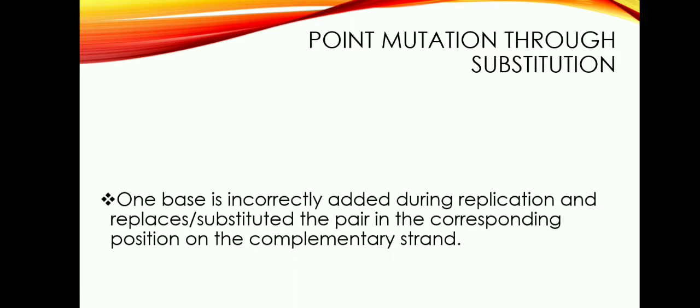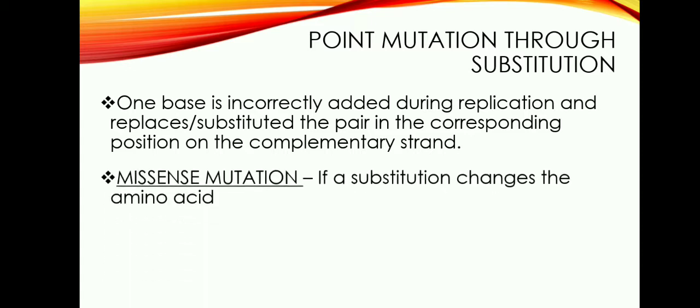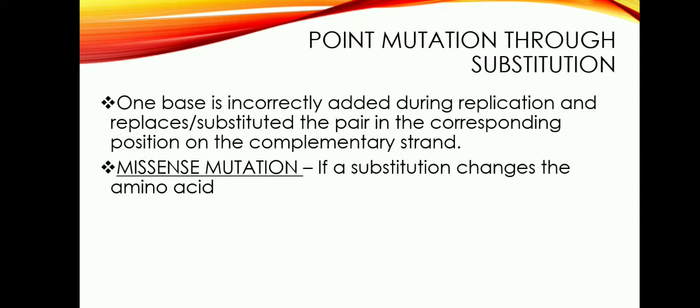Point mutation through substitution. Substitution happens when one base is incorrectly added during replication and replaces the pair in the corresponding position on the complementary strand. If a substitution changes the amino acid, it is called a missense mutation.